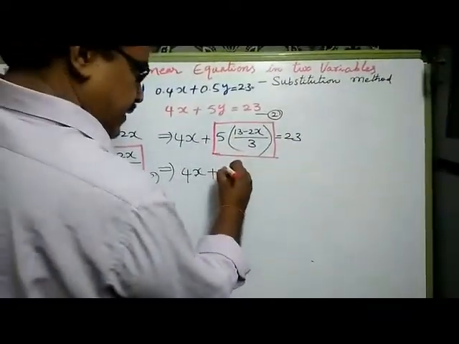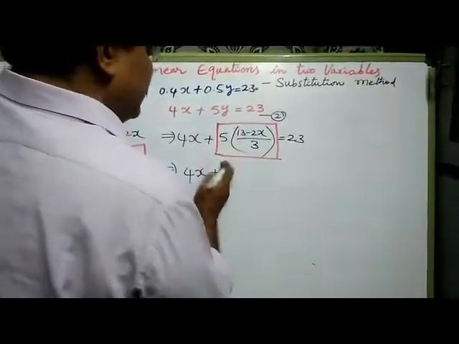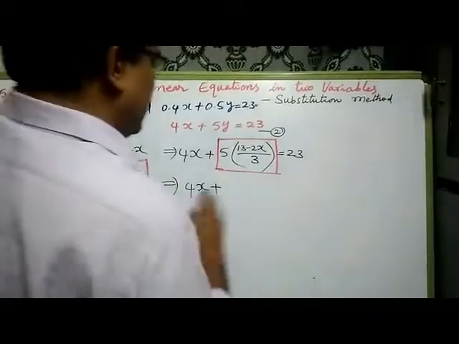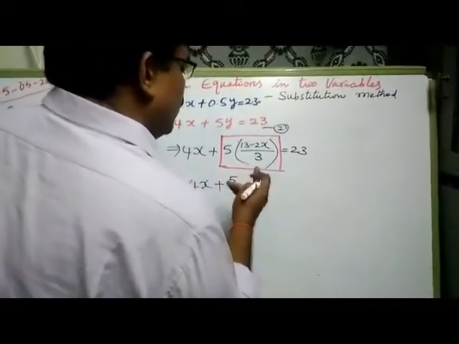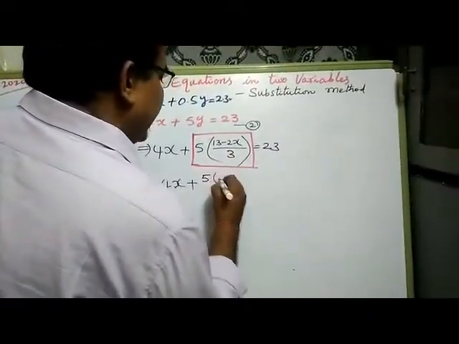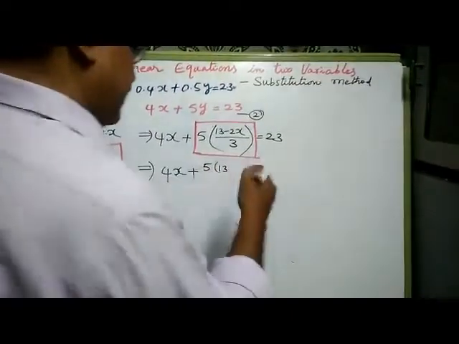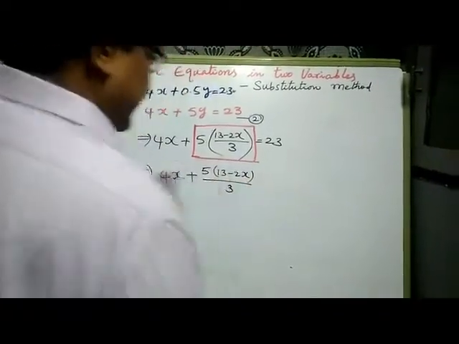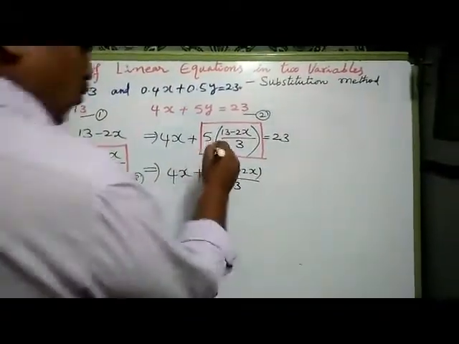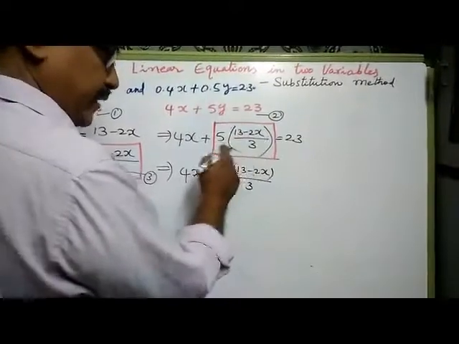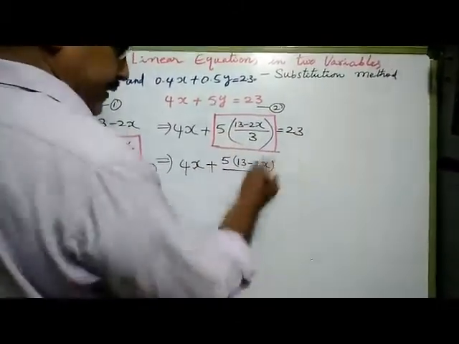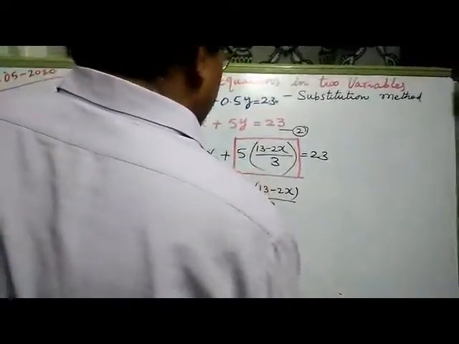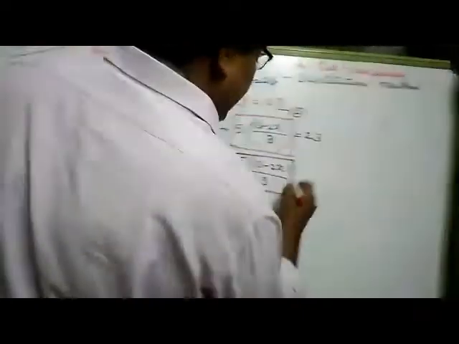This is nothing but 5 into 13 minus 2x by 3: 5 into the numerator, and the denominator is 1 into 3, which is 3. This is a very important part.